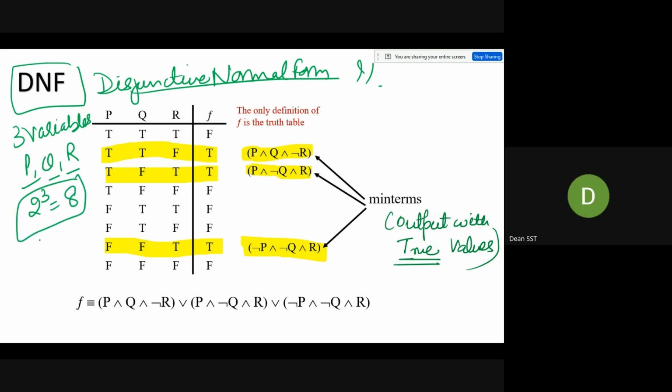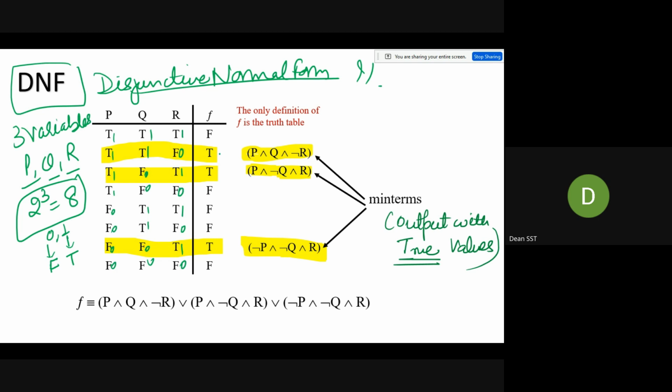Here we are not representing in form of 0 and 1, but for 1 we are representing true, and for 0 we are representing false. True means 1, false means 0. So the columns are 1 1 0 0 1 1 0 0 and 1 1 1 1 0 0 0 0.